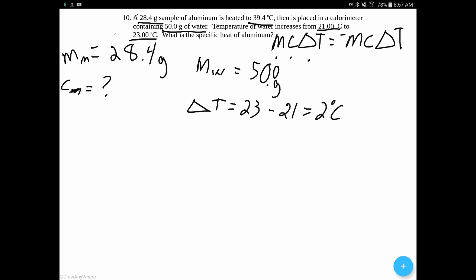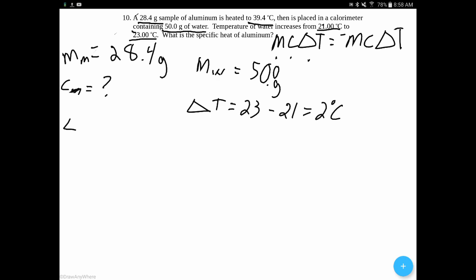Now, our ΔT for the metal: since we are putting the metal into the water, and the water increases from 21 to 23, that 23 is also going to be the final temperature of the metal.